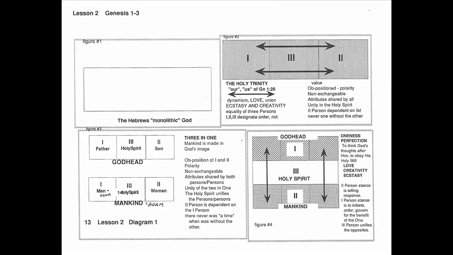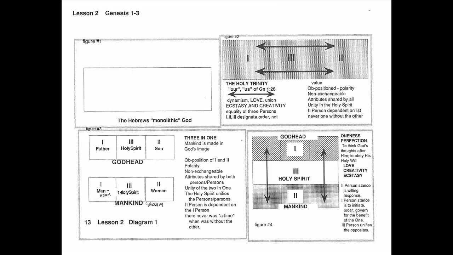So the third person is in the center. The arrows show the bond of love between the first and second persons. And this implies dynamism, love, union, ecstasy, and creativity.